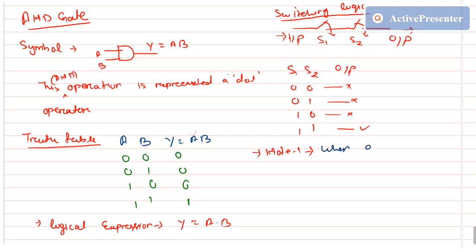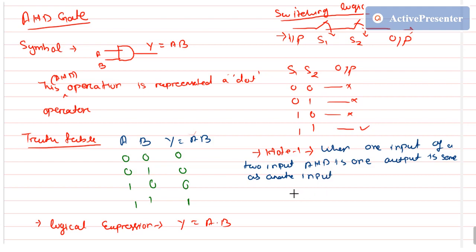When one input of a 2 input AND gate is 1, the output is the same as the other input.